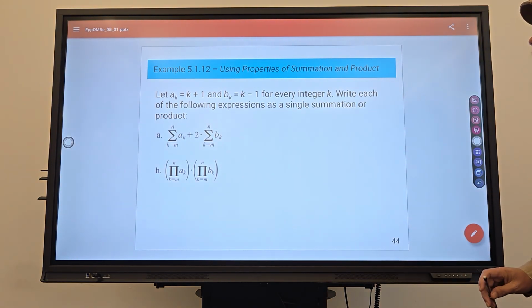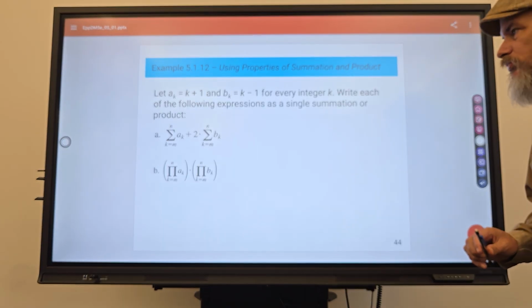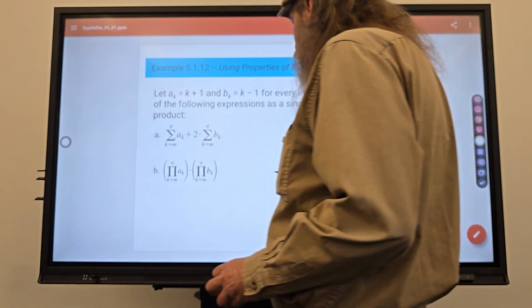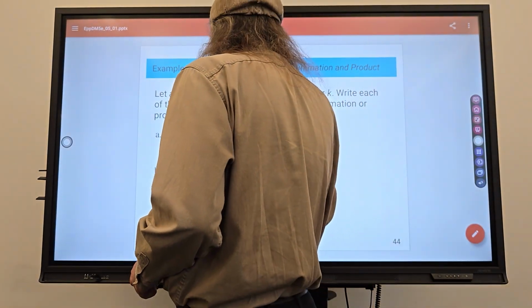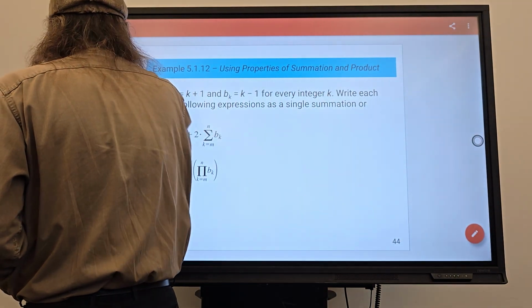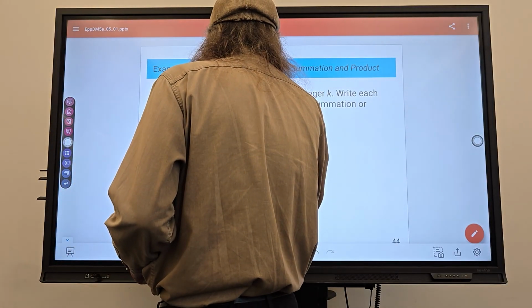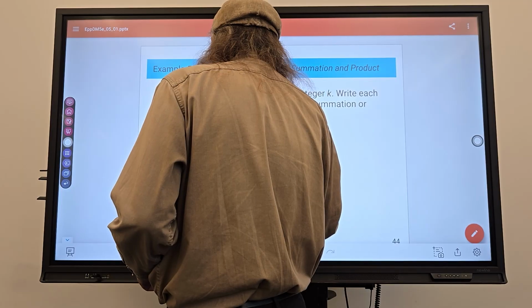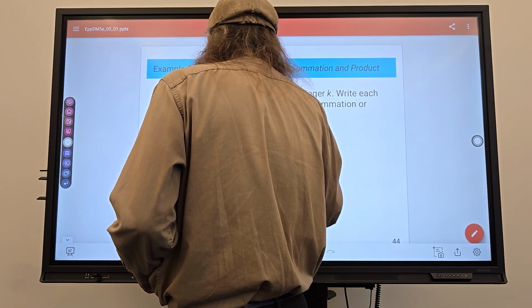So let a sub k equal k plus 1 and b sub k equal k minus 1 for every integer k. Write each of the following expressions as a single summation or product. So let's see here. You've got the summation k equals m to n.